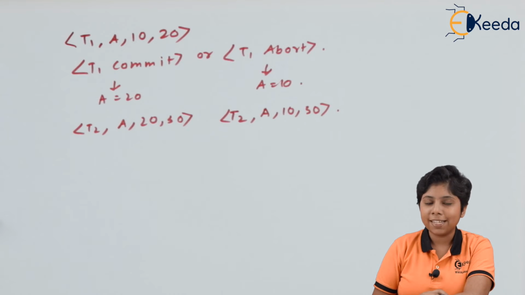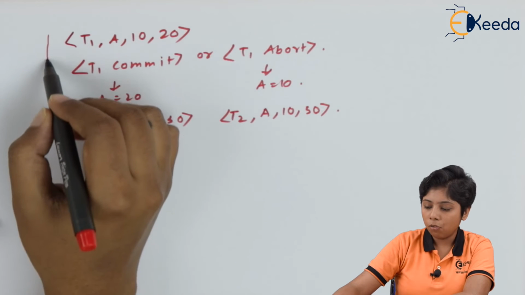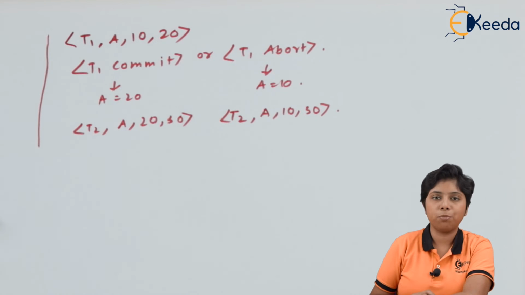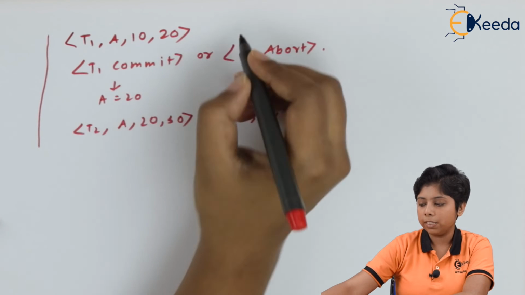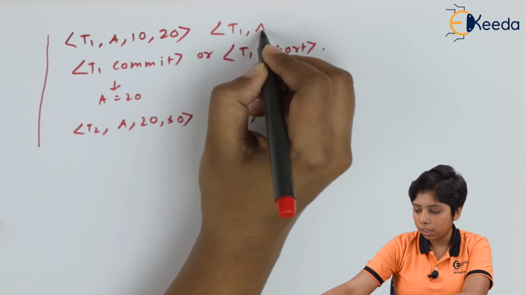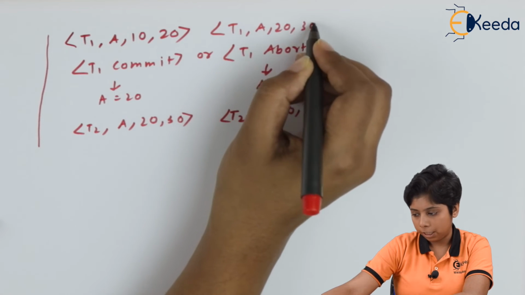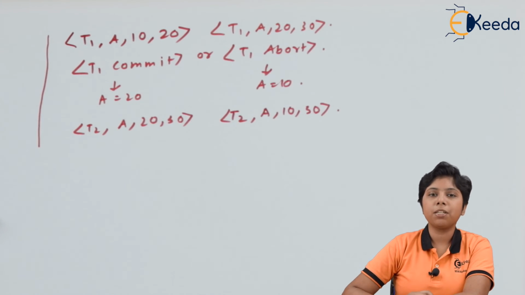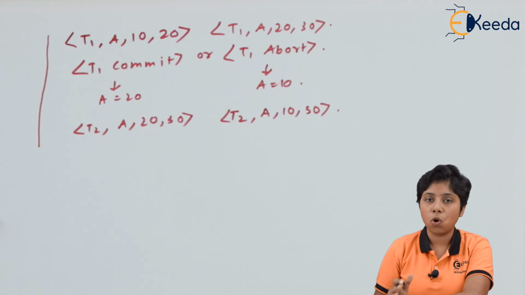So this is the exact format in the log of how we can maintain the two-phase locking protocol. Now there is another problem related to transaction rollback. If we move back to our previous problem, that's T1 A 10 20, and then T1 A 20 30. What happens if we recover from the log by rollbacking the transactions forwardly?